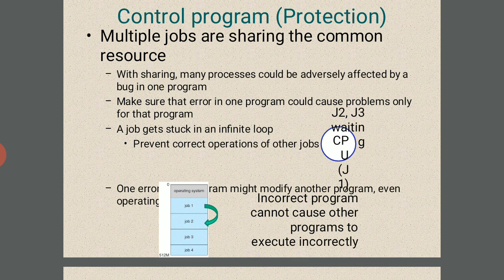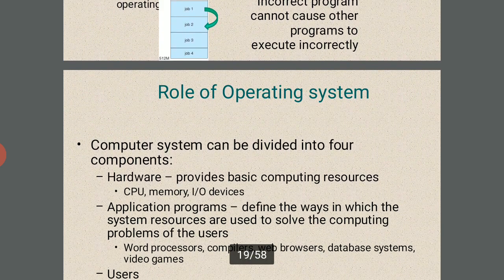A job gets stuck in an infinite loop and prevents correct operation of other jobs. So job 1, job 2, job 3 take the central processing unit one by one, that is, multiple jobs share the common resource.